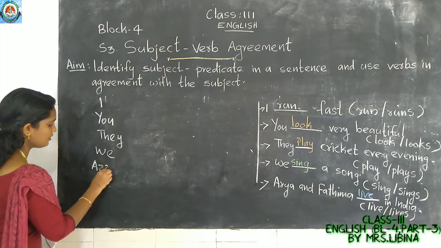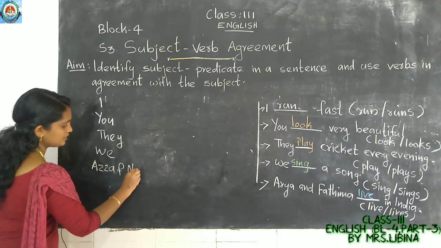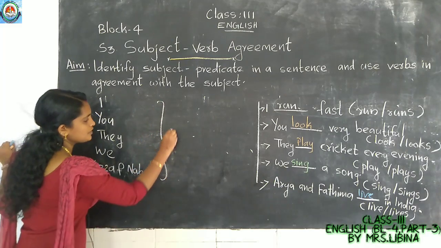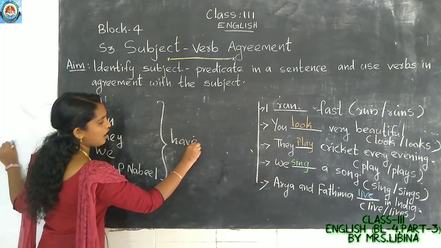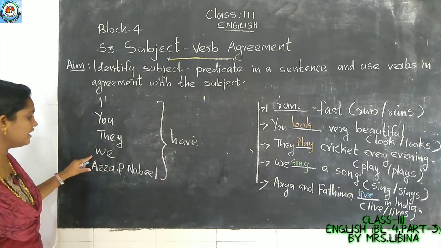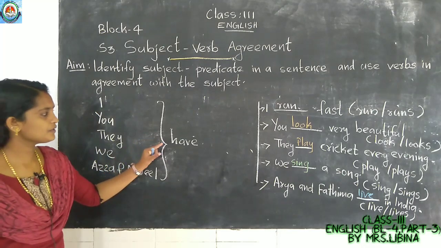Another example, okay. Asa and Nabil. Okay. Plural noun you have to use have. Write down this to your notebook. I, you, they, we. And plural noun, these are two examples. You have to use have.